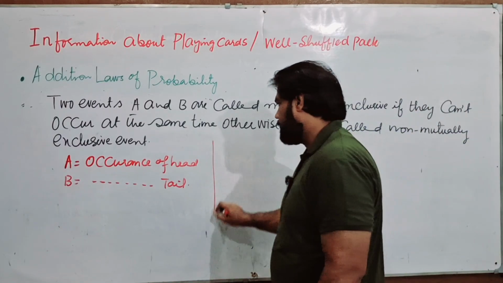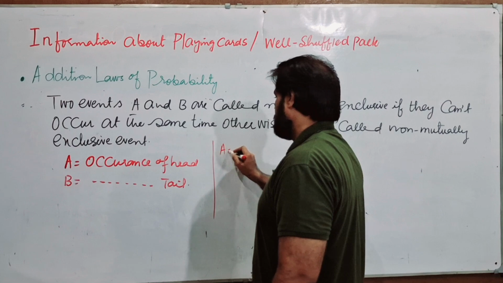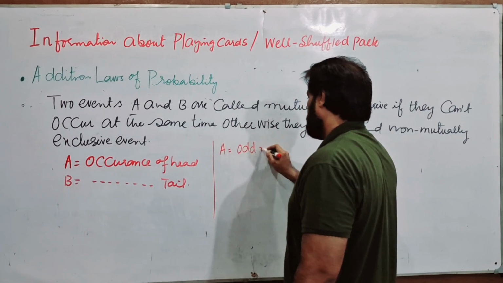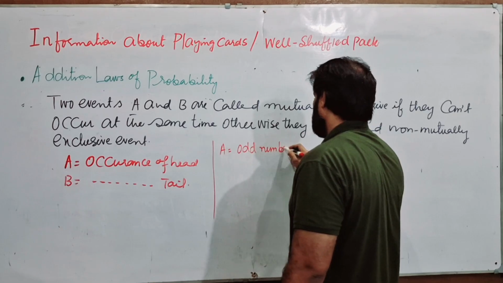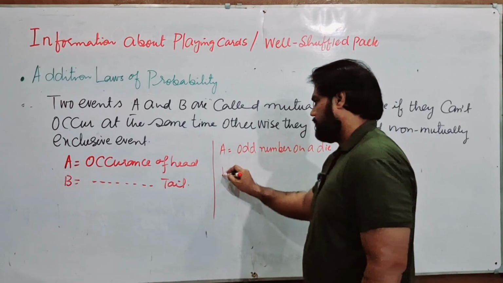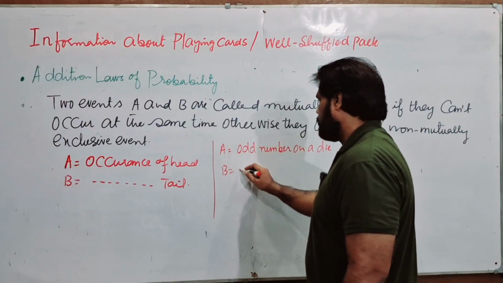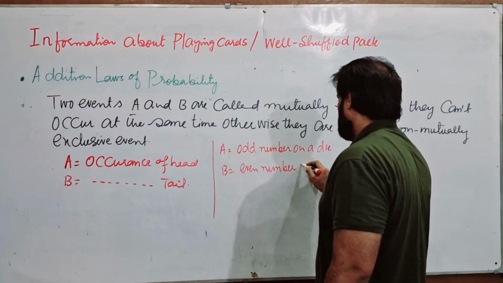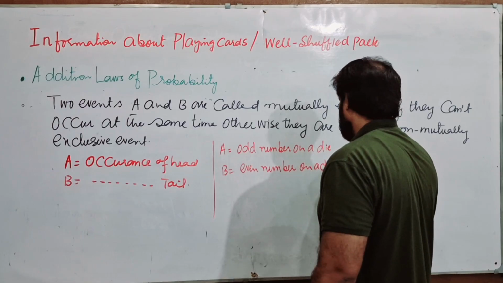Similarly, if A is an event that shows an odd number on a single die when you roll, and B shows an even number on a single die.